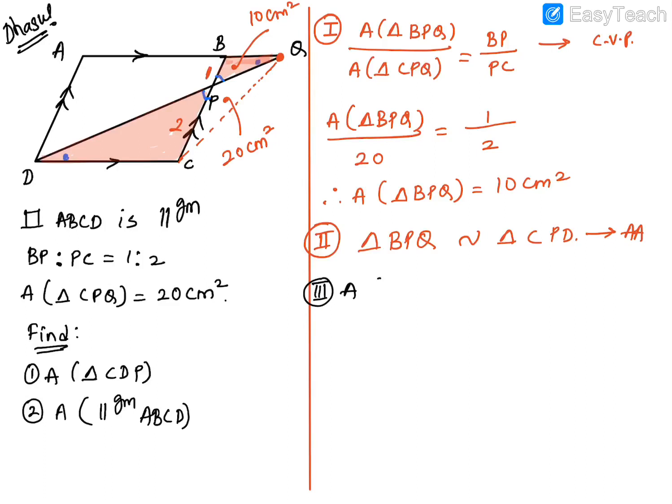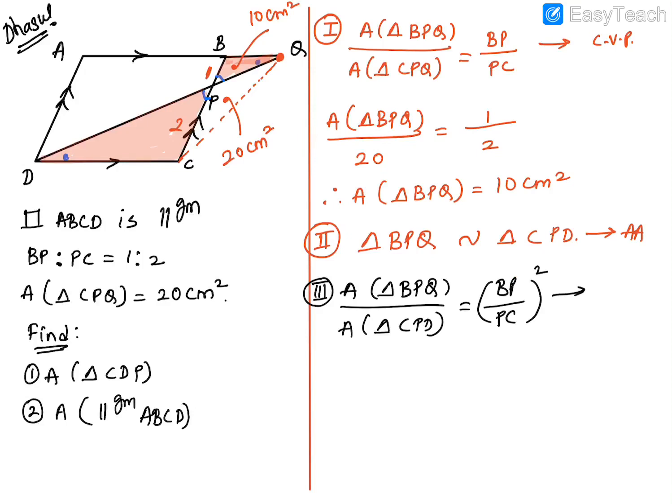So area of triangle BPQ upon area of triangle CPD is equal to BP upon PC the whole square. See why there's a square this time? Because these are similar triangles. Again, you'll have to write the whole statement: areas of two similar triangles are proportional to the square of corresponding sides.